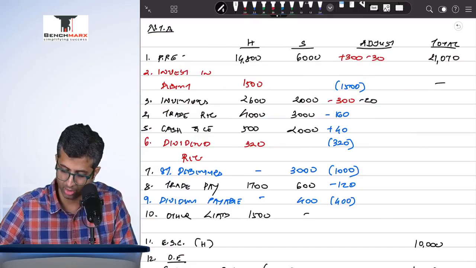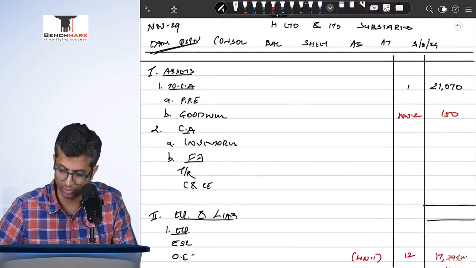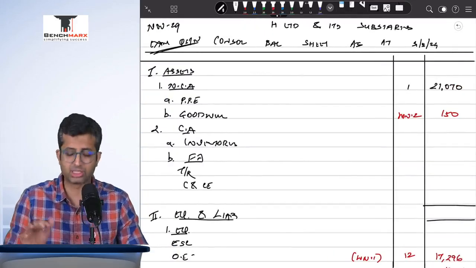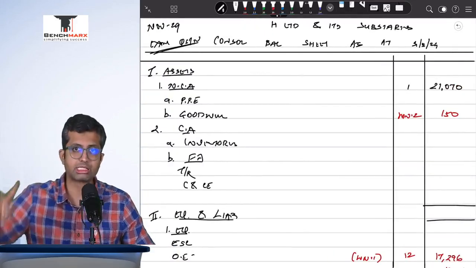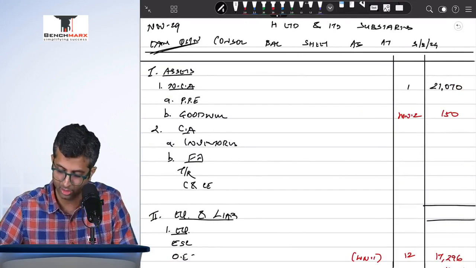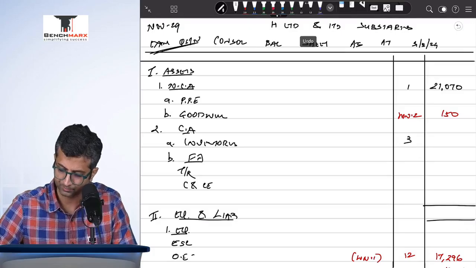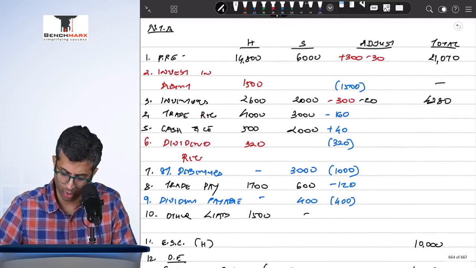Inventories will come to what? 2600 plus 2000 minus 300 minus 20, maybe 4280. Assuming these inventories were unsold, if you assume it is sold, there will be a plus 300 adjustment over here, and also some differences in your post P&L working. So this is note number 3, I believe, which is 4280.